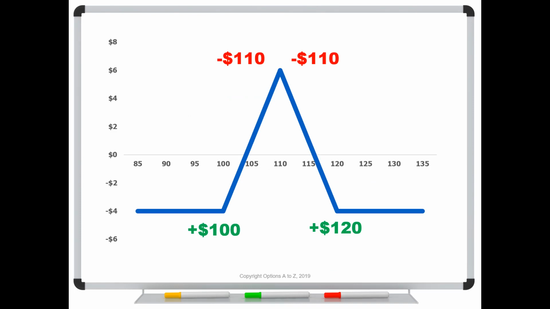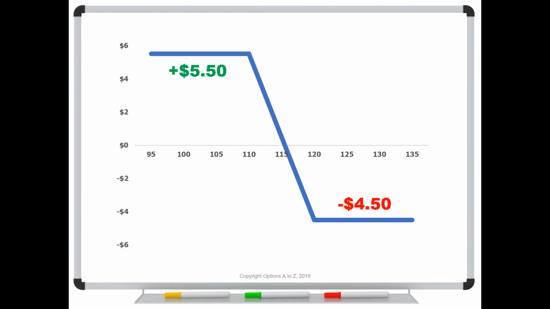So here was the spread. We've now closed these two out, and that leaves us with the short 110-120 vertical spread for a credit of $5.50. So we have morphed from this look into this. So once again, why did we do it? What's the benefit if we've reduced our gains and increased our potential losses?